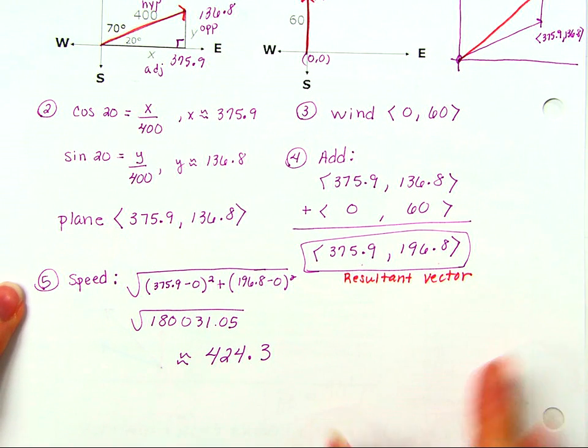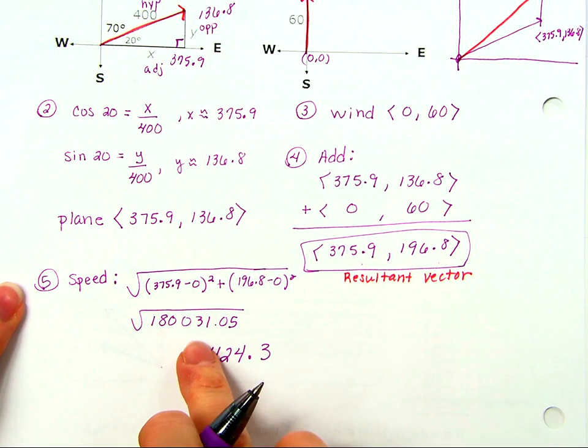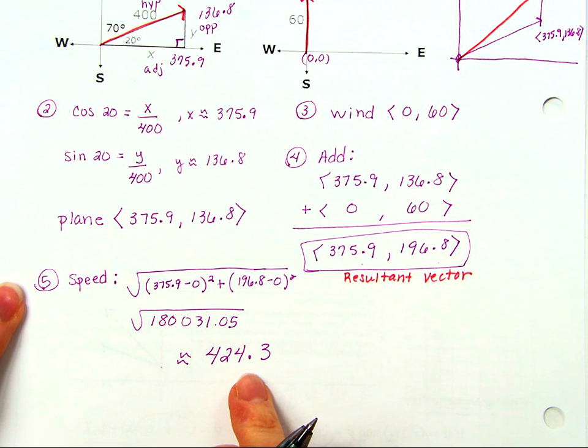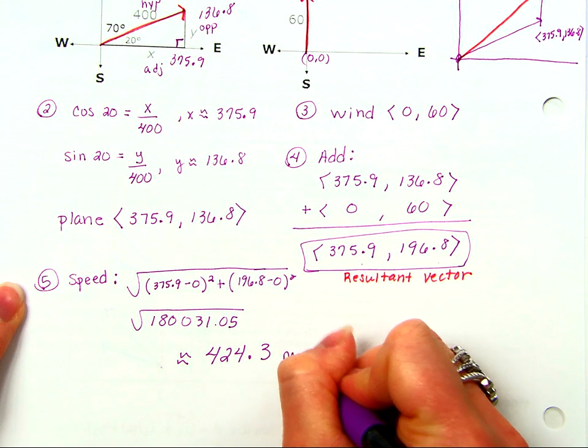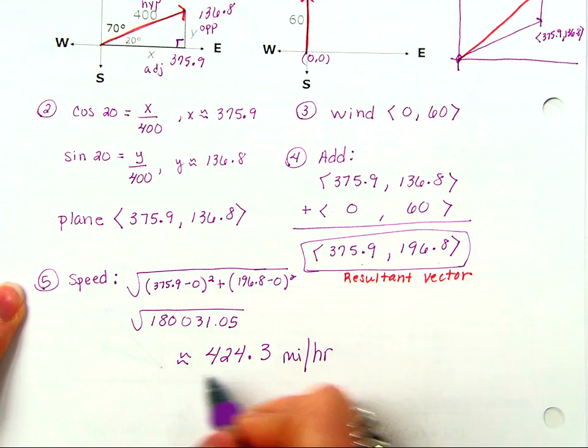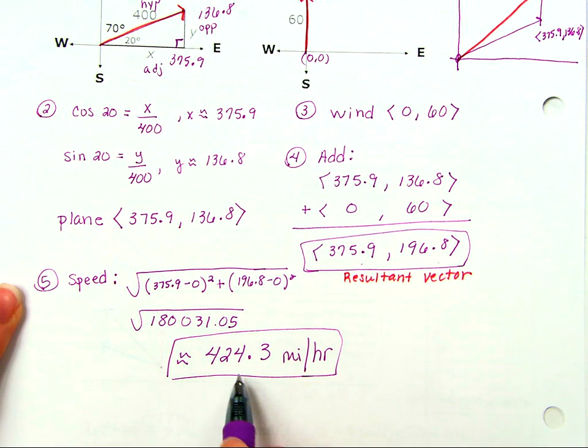As you calculate, you take the square root here, and you end up getting about 424.3. 424.3 what? Well, this is speed. This is going to be our miles per hour. So we can see that the wind actually increased our speed, which makes sense because the wind is pushing us along.